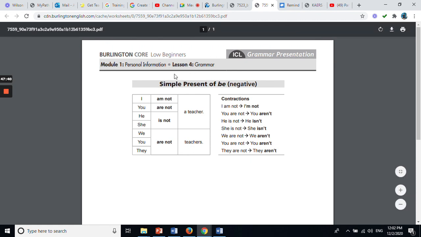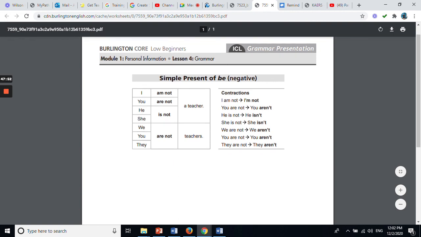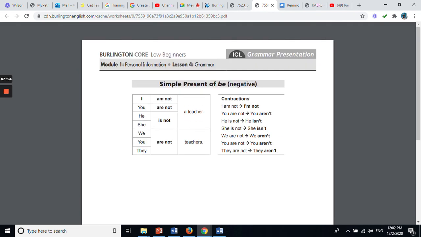You'll see this, Lesson 4, Grammar. Simple present of be, negative, and it will look like this page here. Yes, you're welcome.